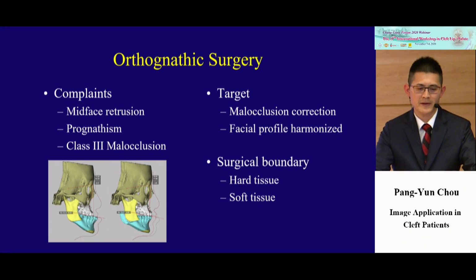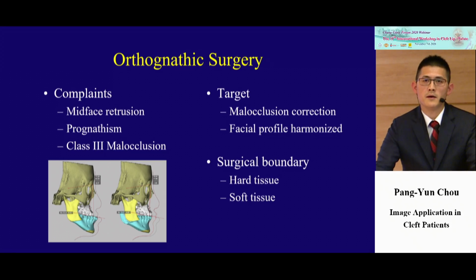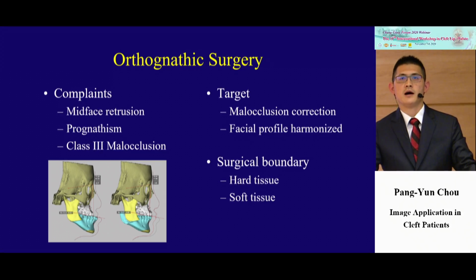What is the real complaint for orthodontic surgery in the cleft patient? The first one is mid-face retrusion. The second one is prognathism. And the third one is to correct the malocclusion, Angle class 3. So the target is malocclusion correction. And second, all the patients want the facial profile harmonized.